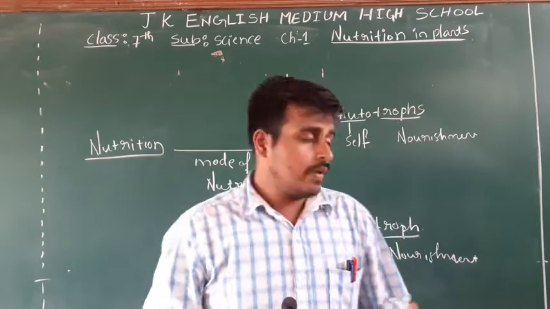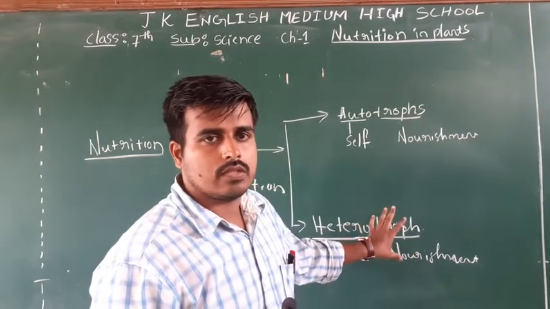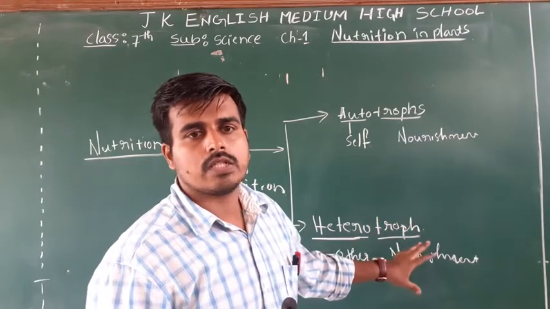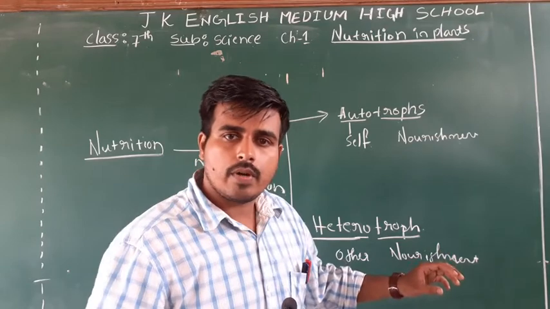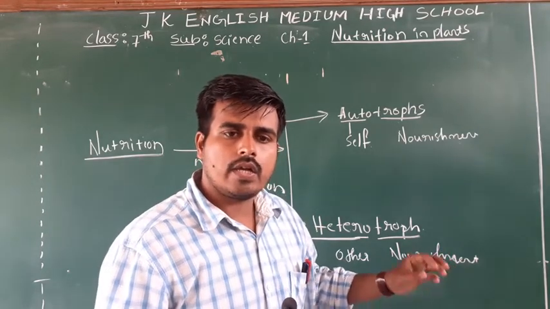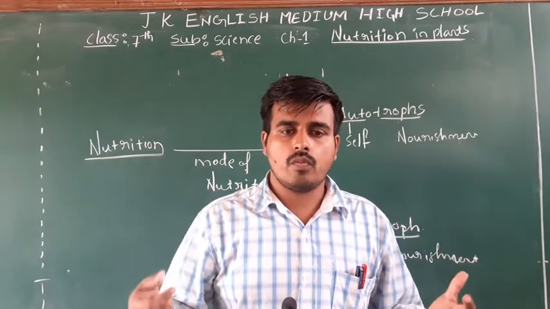Whereas other living beings, like human beings, depend upon other animals for meat and milk, and if we want vegetables, we depend upon plants. We are not able to grow our own food. We can't prepare our own food.